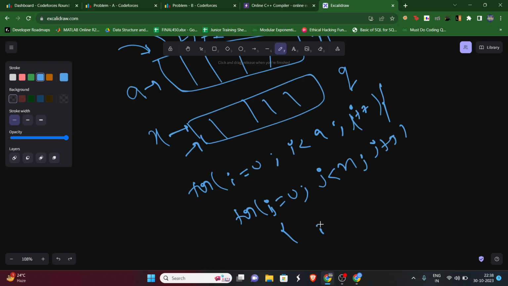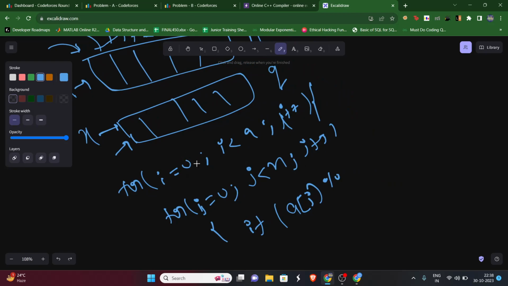And if A of j is divisible by 2 to the power of whatever value we have for this ith query of X, that is X of i.